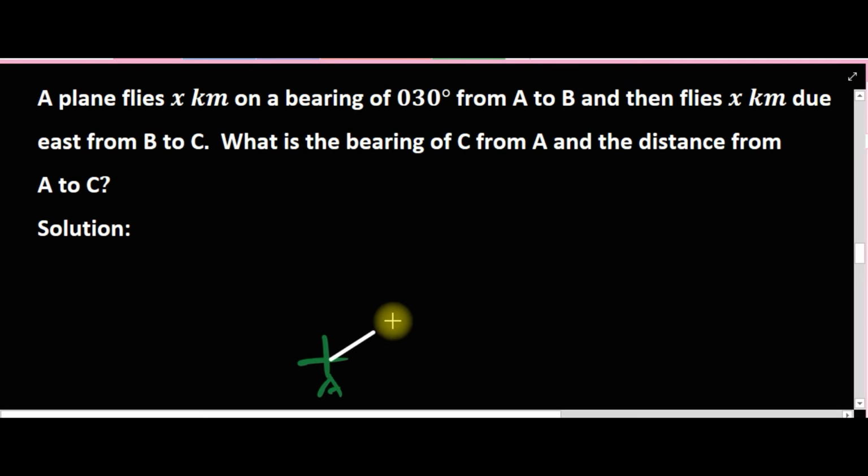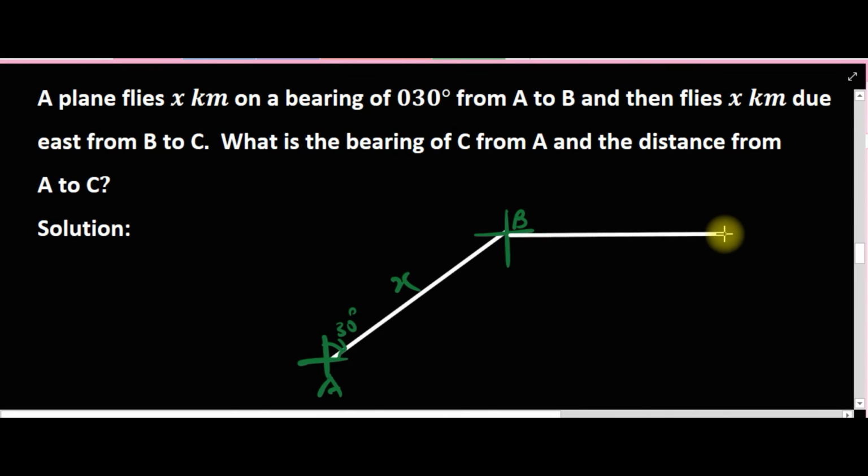So from here to here is 30, and this is our B. Then he flies x kilometer due east from B to C, again on the same line. This is our C.